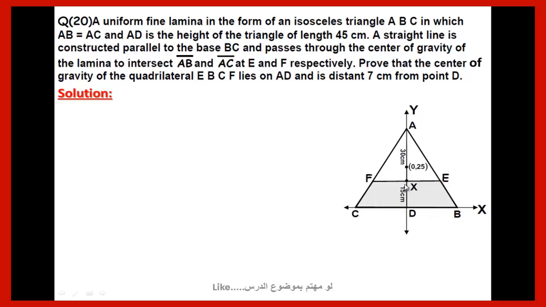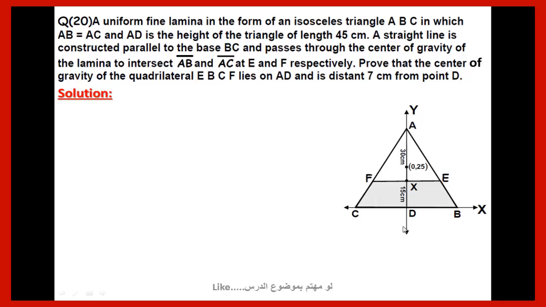This point is the center of gravity of triangle ABC, and it divides AD by the ratio 1 to 2 from the base. So XD equals 1/3 AD. The length of AD is 45, from the given. 1/3 of AD equals 15 centimeters.